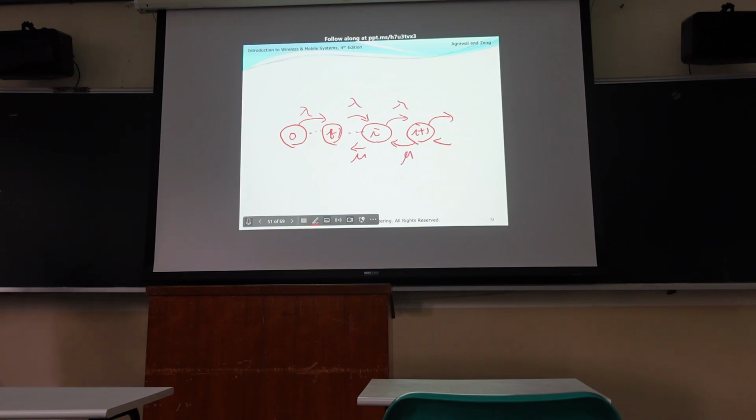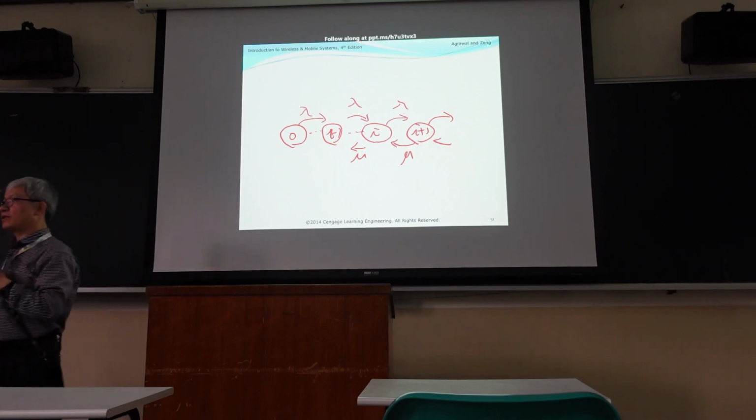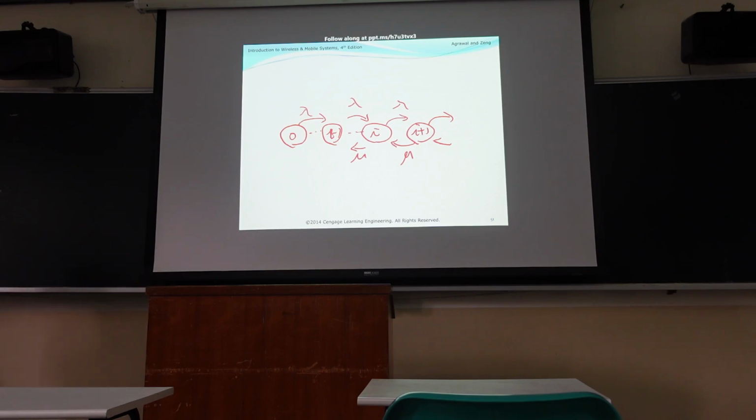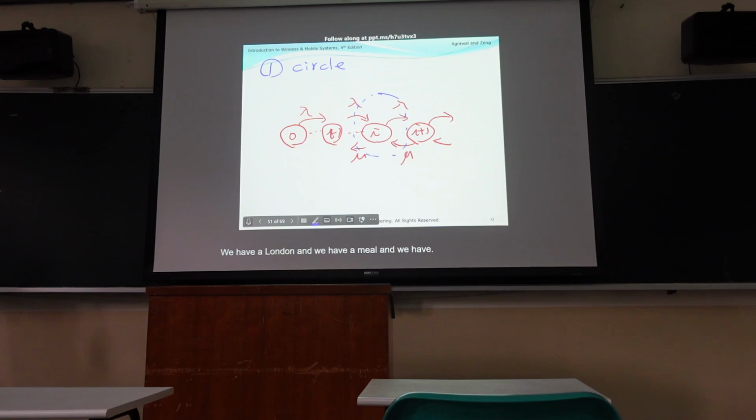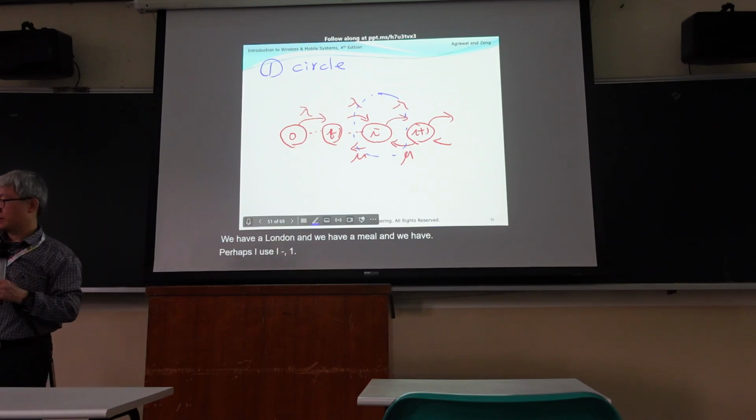So we should have the state transition diagram like this, right? And so then how to have the balance equation? Actually for the current result based on this, a circle. Approach 1 uses a circle. With a circle, then how to have the balance equation, or maybe the equilibrium equation.